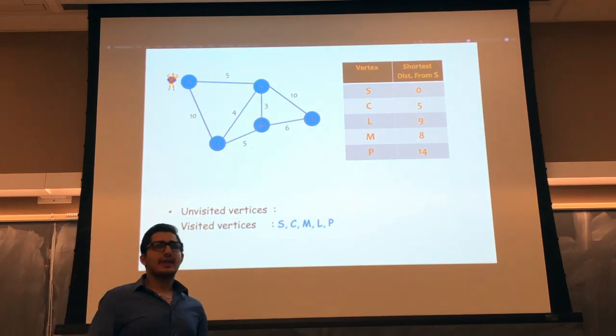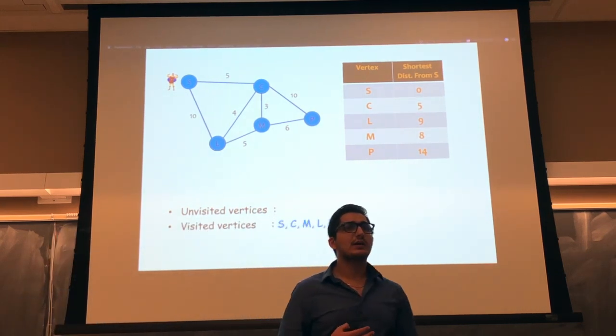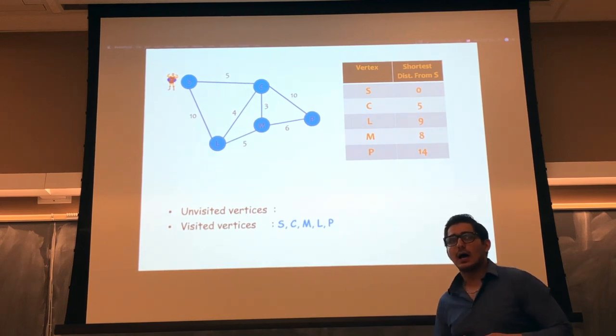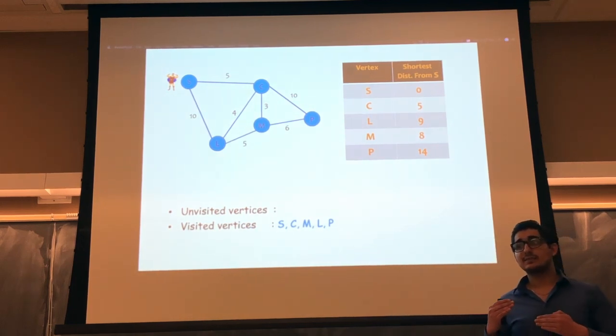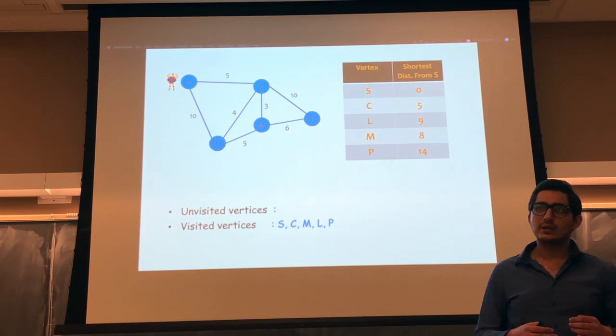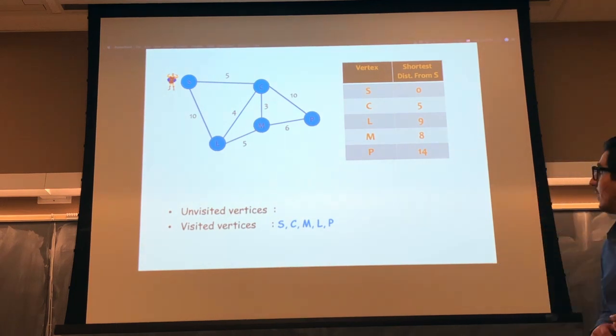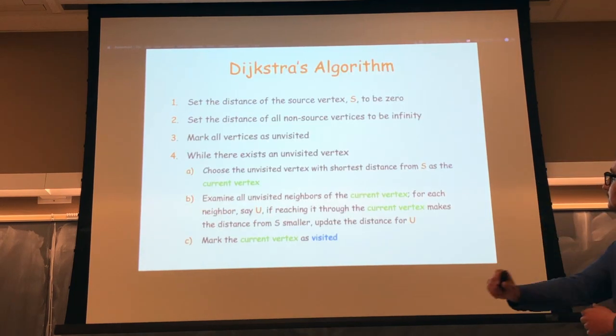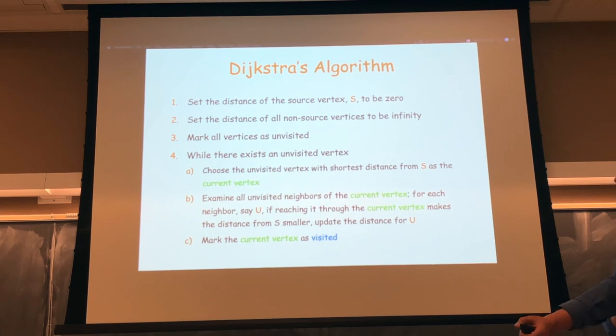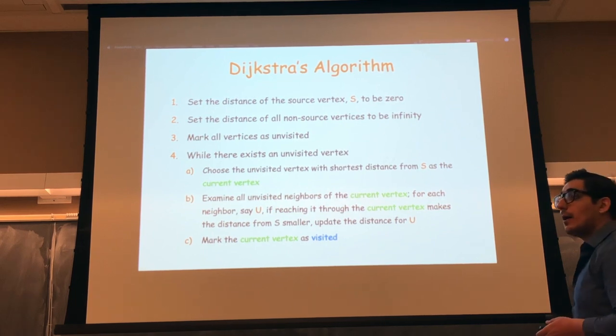Now that we know how the algorithm works and what the general idea of algorithm is, let's put these steps next to each other in the correct order to obtain a pseudocode for Dijkstra. Dijkstra's algorithm works in 4 main steps.